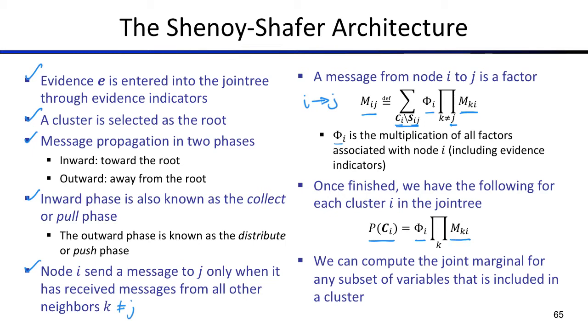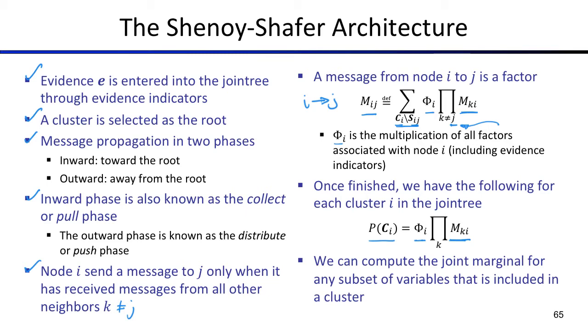There is no exception. The one exception is that we don't include the message from J when we send the message to J. But once we have sent and received all the messages and need to compute the beliefs, which are the marginals in each cluster, we multiply the factors by all the incoming messages that we got from all the neighbors and went to the node I.